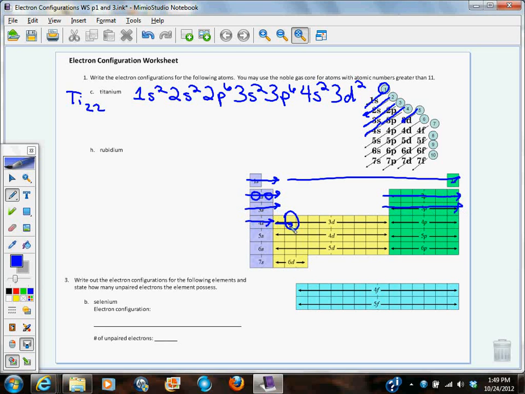Now, if I want to write this using the noble gas core, what I do is identify where it is on the periodic table. It's right there. Here on the periodic table, we look at the noble gas. That is going to be argon, Ar.